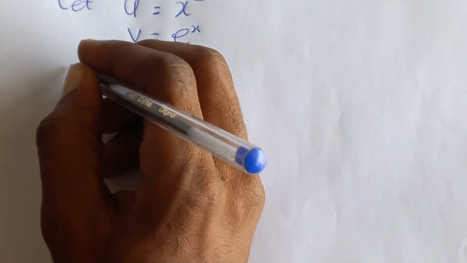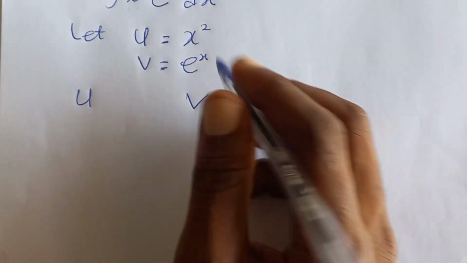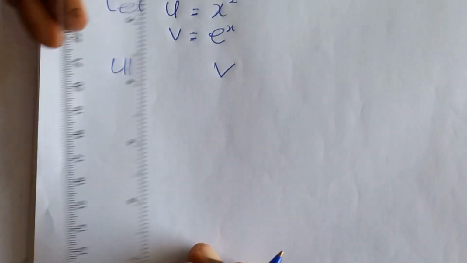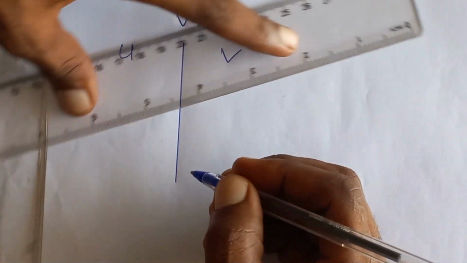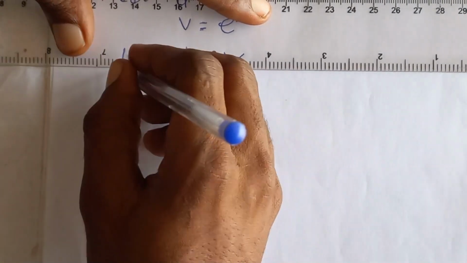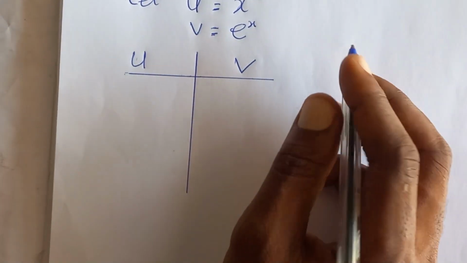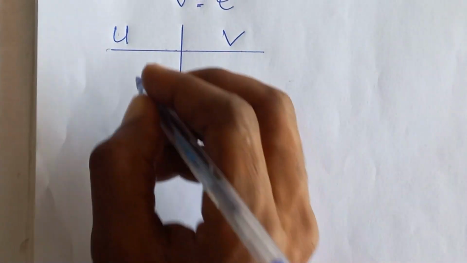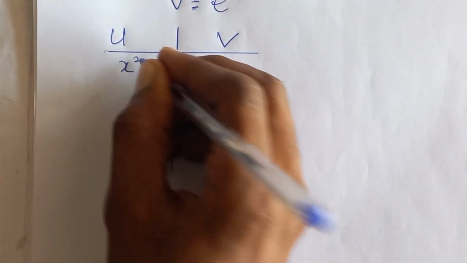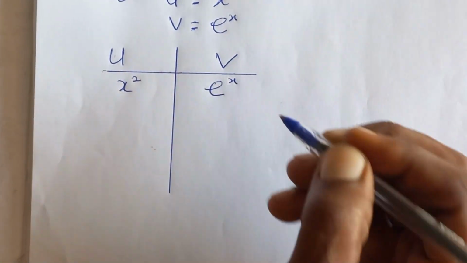You say u, then our v. And we know that u is x squared, then v is e to the x.